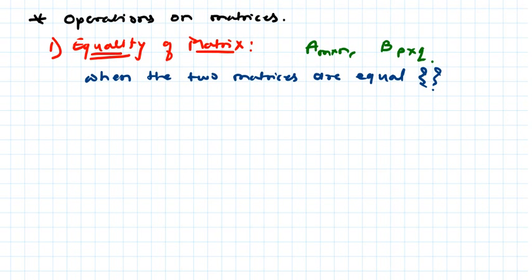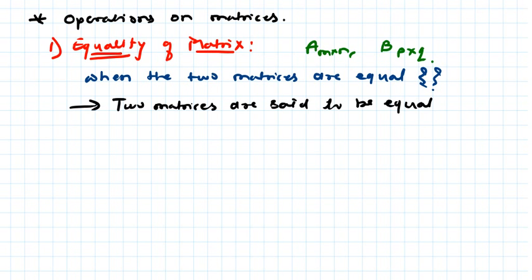Okay, so by the definition, two matrices are said to be equal if they satisfy two conditions. The first condition is what?